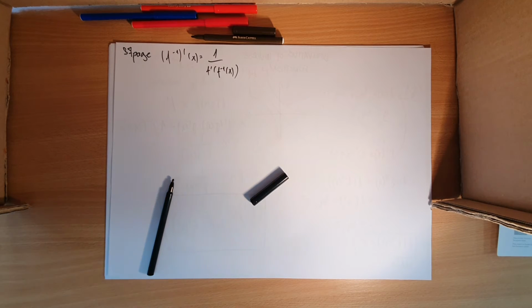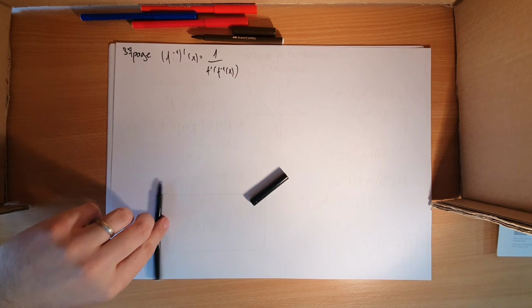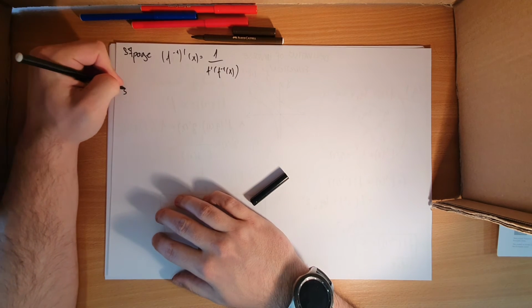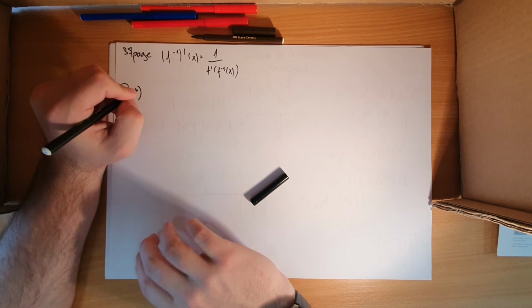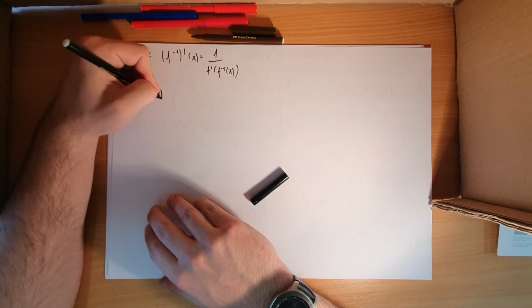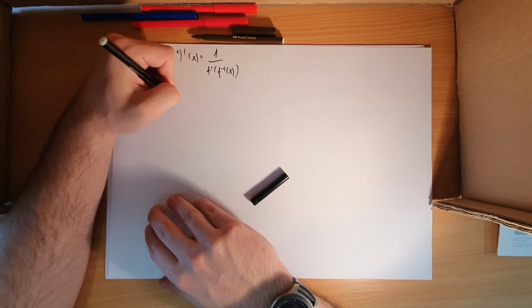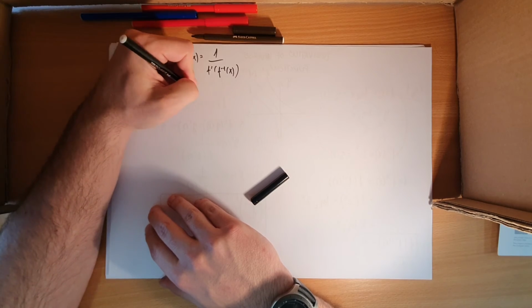I told you page 37, and let's start with task 3, subtask 1. So 3, 1, where f of x equals 1 over 2x minus 3.